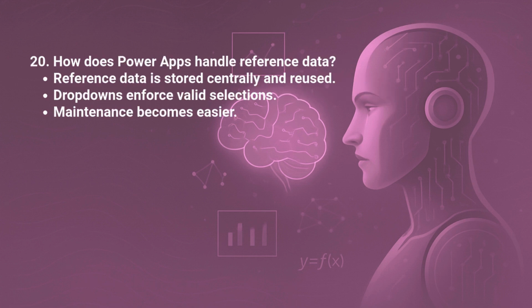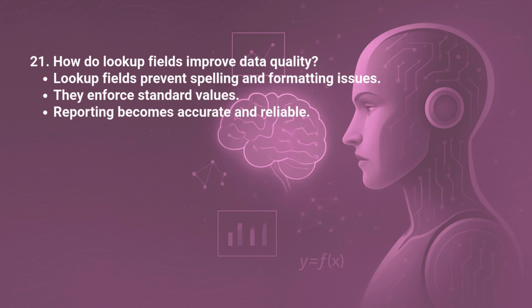20. How does Power Apps handle reference data? Reference data is stored centrally and reused. Drop-downs enforce valid selections. Maintenance becomes easier. 21. How do lookup fields improve data quality? Lookup fields prevent spelling and formatting issues.